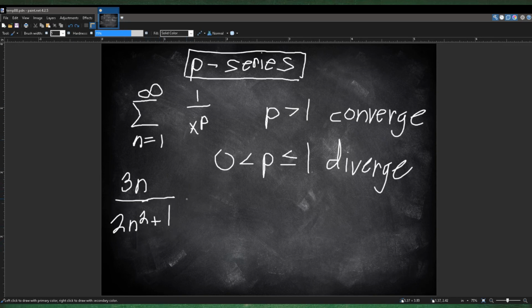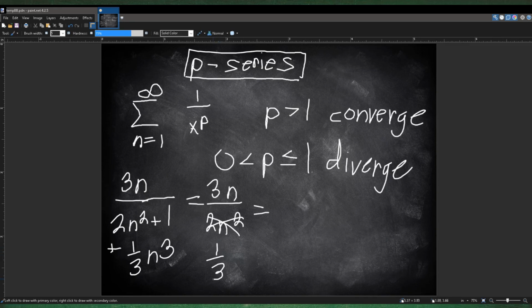So what I do now is take the highest term from the top and the highest term from the bottom. The highest term on the top is 3n, and the highest term from the bottom is 2n squared. So you take the one with the highest degree. If you add something else, like the denominator has 1/3 n to the power of 3 added, you change this to 1/3 n to the power of 3.